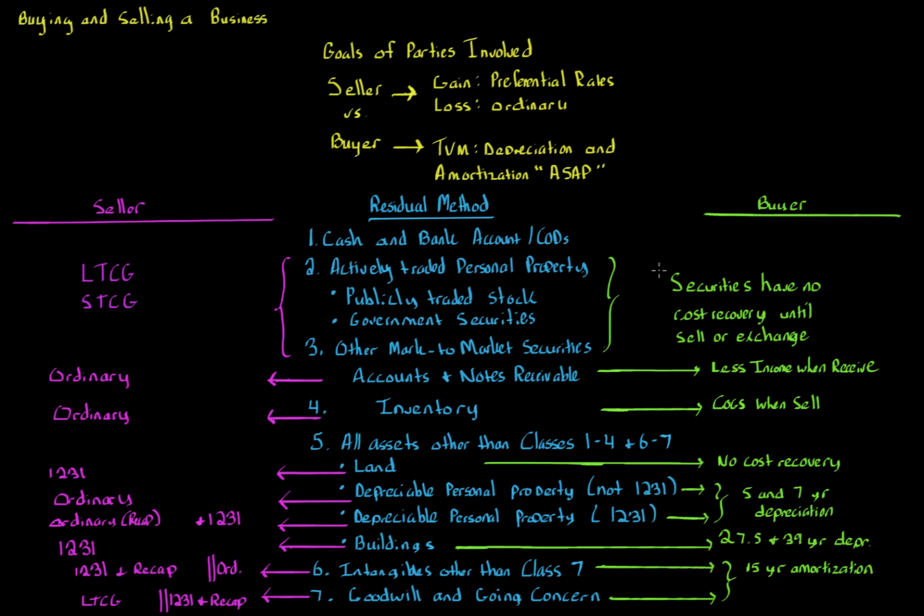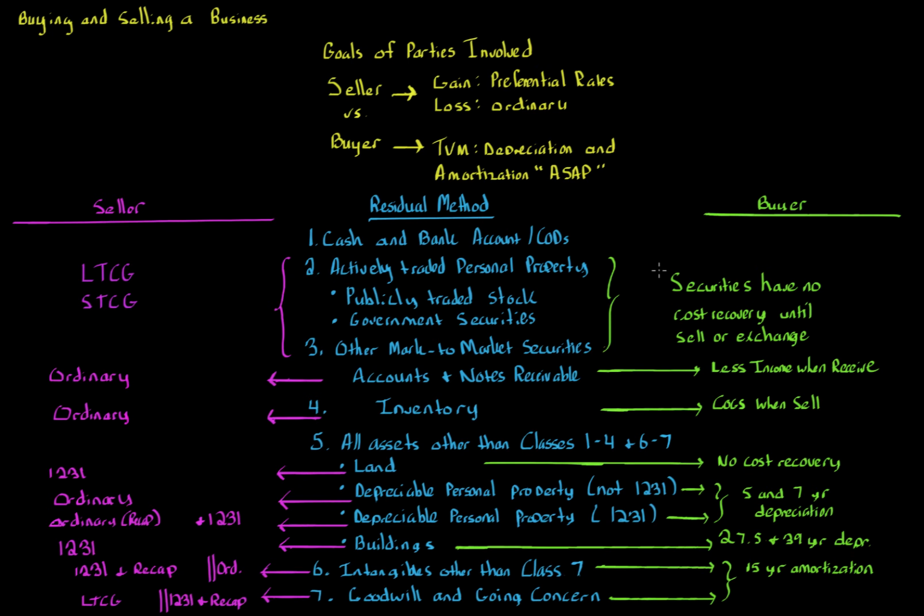Now, with respect to the seller's gain or loss on the transaction, we're dealing with a sale. And if you recall from previous tax discussions, when there's a sale or other disposition, we are going to have a realized gain or realized loss. When the seller sells, the seller is going to prefer to have preferential rates when it comes to gains.